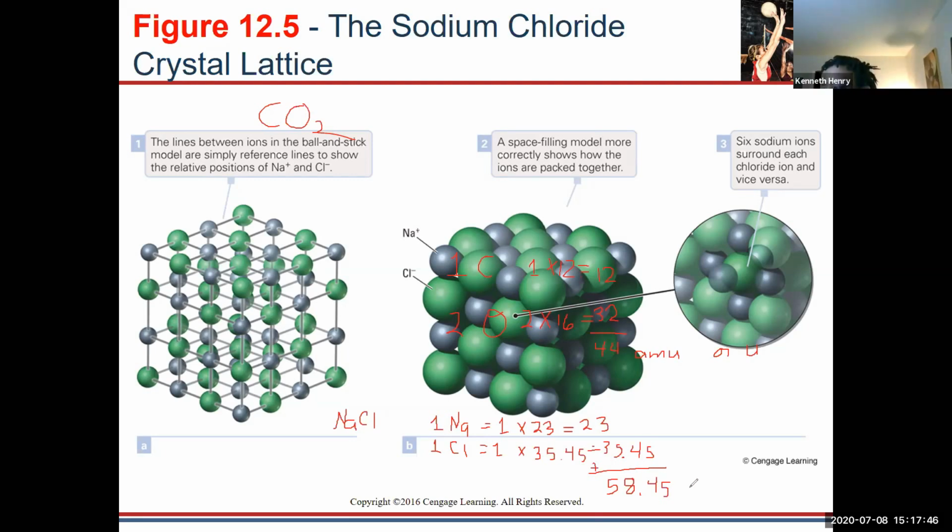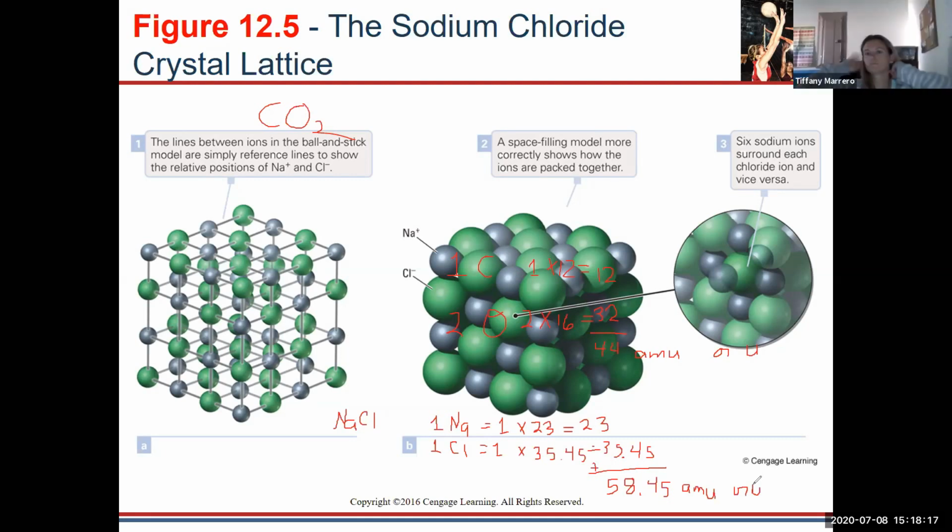Okay, and the units again are going to be AMU or just U. Dr. Henry, so when do we decide to leave the decimal and when do we not? Like you have 35.45, but then in sodium, you just have the 23. So what I typically do, if I have 0.00 something or 0.03 or 0.05, I usually just ignore it.